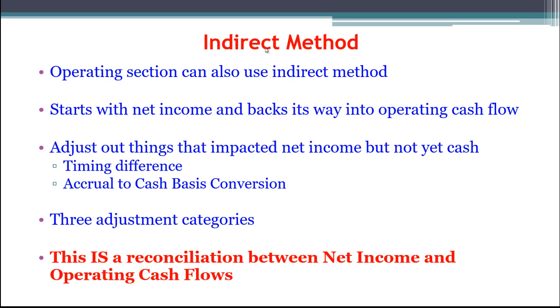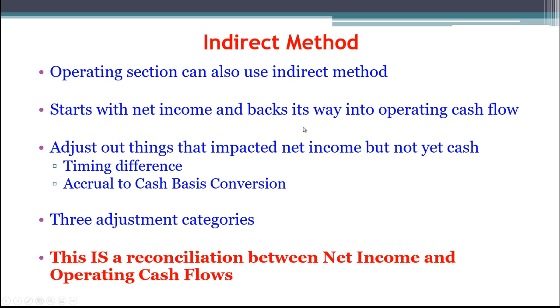So the indirect method, again, it's only for operations, and we basically start with net income under the accrual basis of accounting, and we start making adjustments to back certain things out and add certain things in, depending on the timing of when they should be treated as a cash flow versus when they were impacting net income.